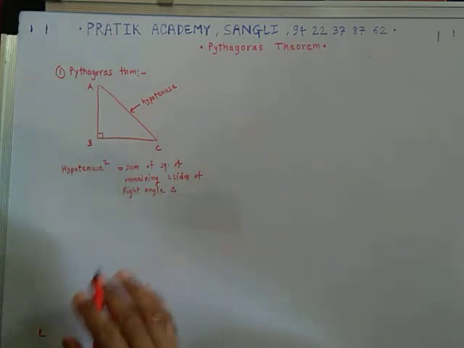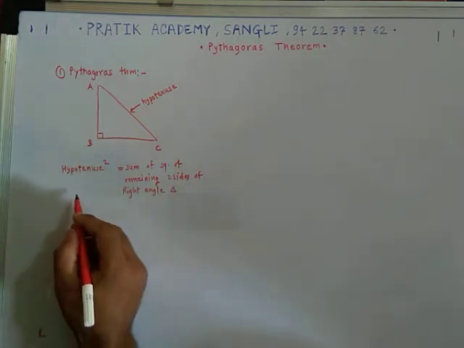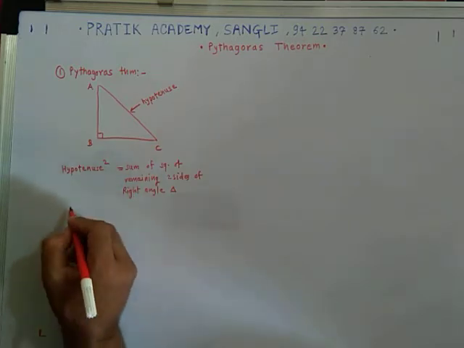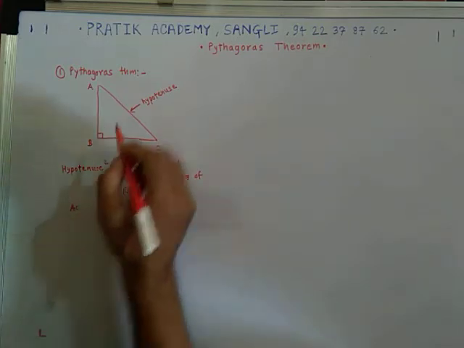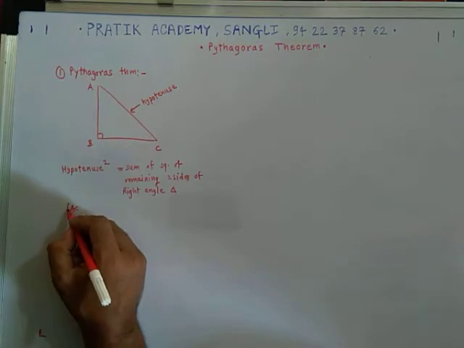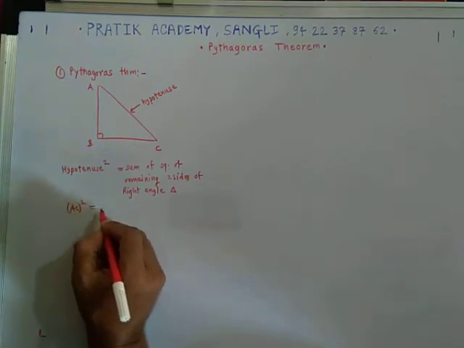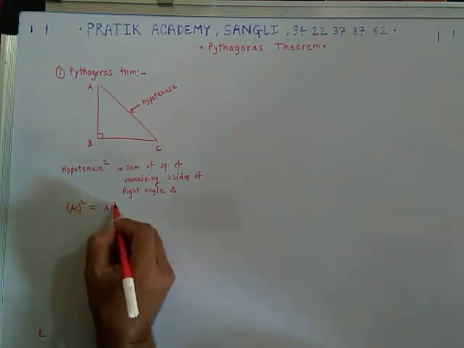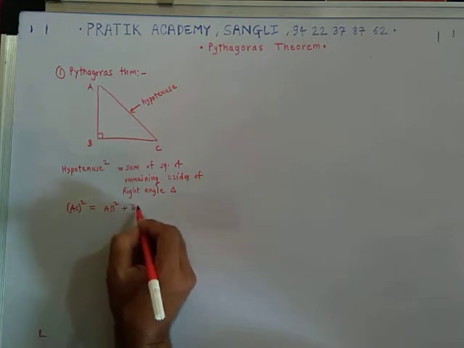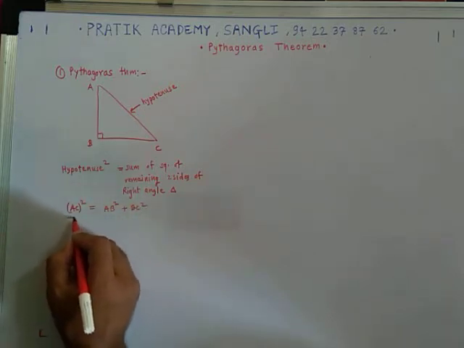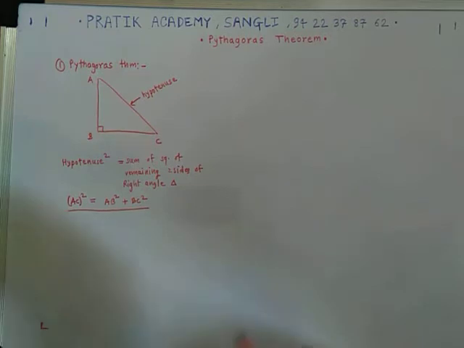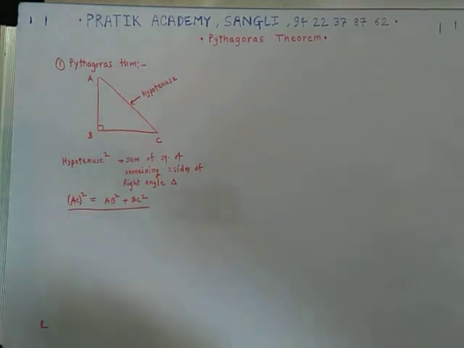This is the simple Pythagoras theorem. If we write here, then the hypotenuse in this case is AC, so AC square is equal to AB square plus BC square.